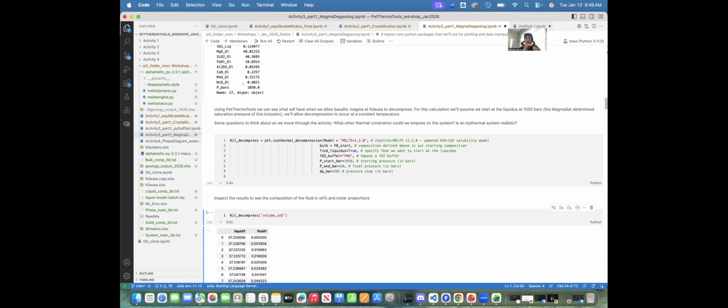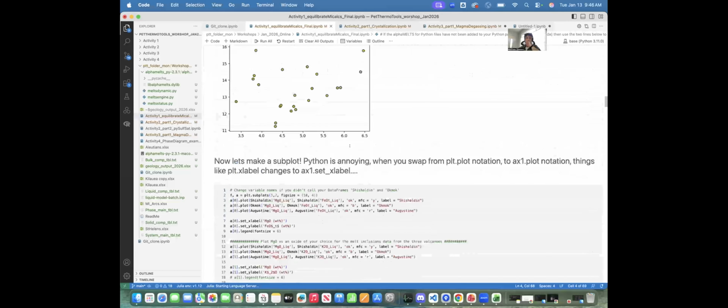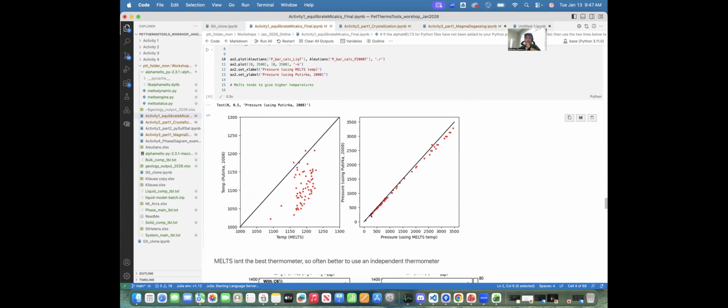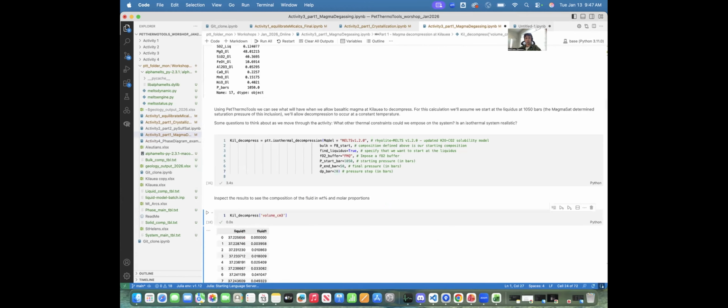As we saw yesterday when we plotted up the melt inclusions against each other and did the pressure plot, the only difference is, and we're in this very low pressure region down here, basically, I'm using the melt temperature, and the pressure in Penny's data frame is using an empirical thermometer. So there might be a slight offset, which is maybe why it didn't start fluid saturated, but it's essentially very close to fluid saturation because it's an internally consistent solubility model.